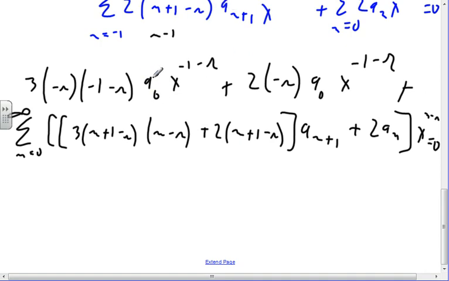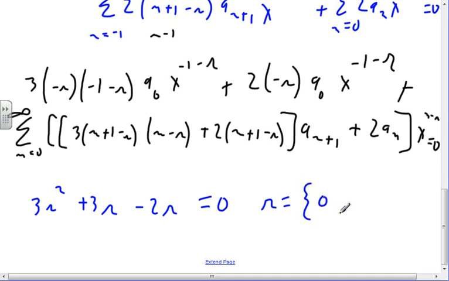Okay, that being the case, I can divide by a0, I can divide by x to the minus 1 minus r and come up with 3r squared plus 3r minus 2r is 0, implying that r is going to equal 0 and minus a third.